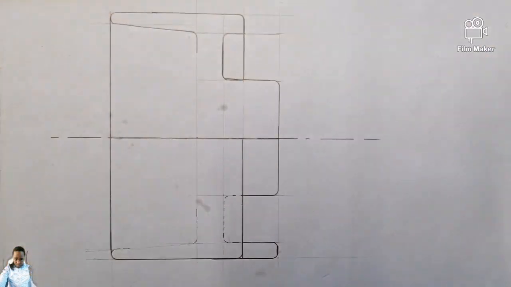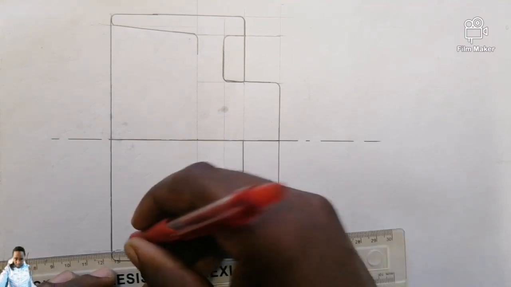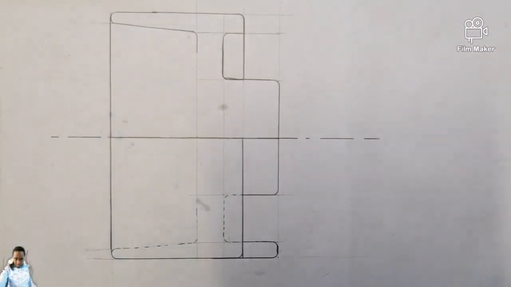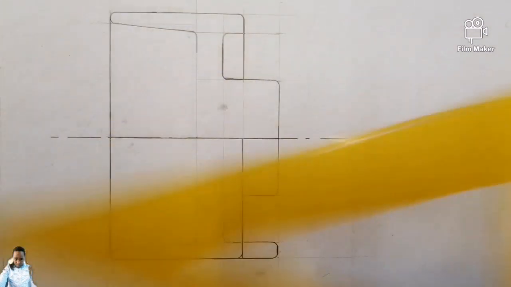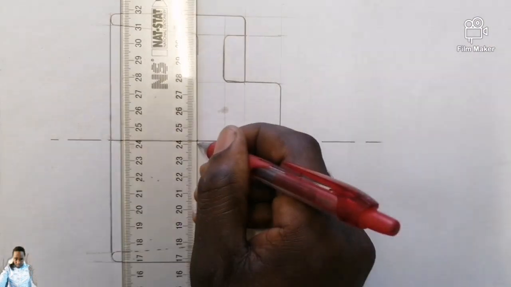You understand? Then to this one. Hidden details like this. So this hidden, they can go up now.